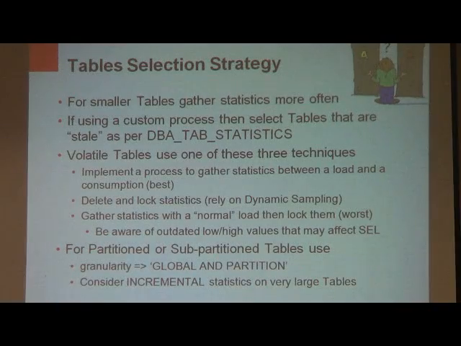Another way is I delete the stats on those tables, I lock the statistics, meaning no statistics at all, and I rely on dynamic sampling. The other method is I review my application, and when I have a normal load, I gather the stats and lock the stats. But if I use this technique, I need to redo this every once in a while because the low value and the high value are going to be outdated. So which method do you think is better in general?